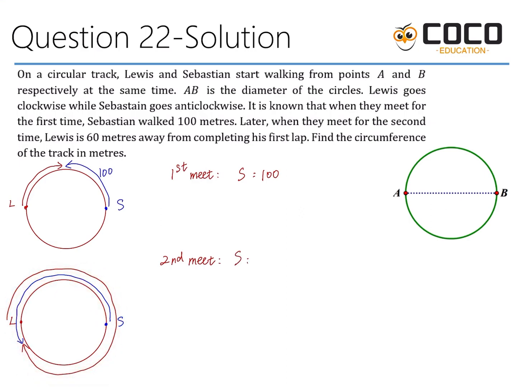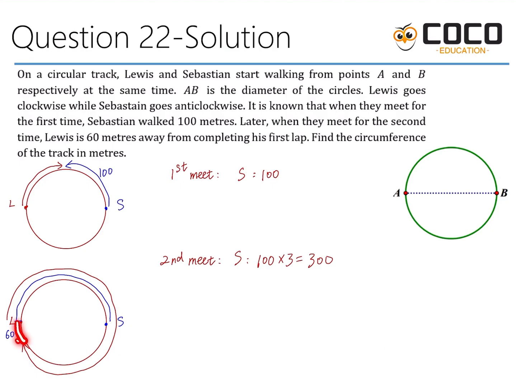Then by the time they meet for the second time, Sebastian has traveled 100 times 3, 300. So the 300 is the one in the blue color from here to here. And we also know that the position where they meet for the second time is 60 meters away from Louis' starting point.